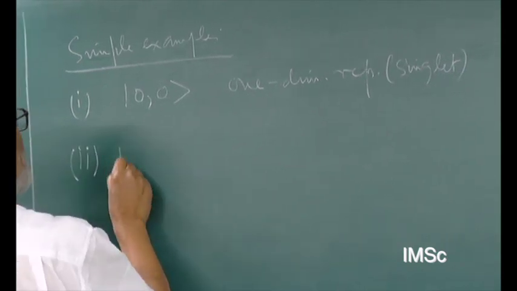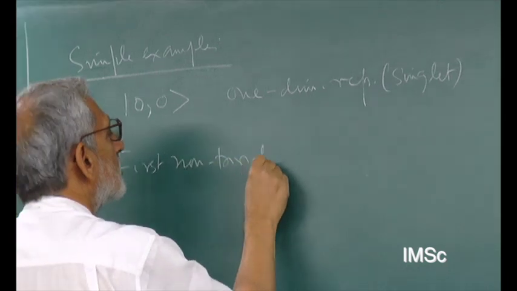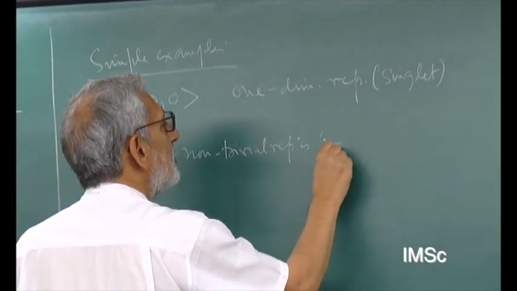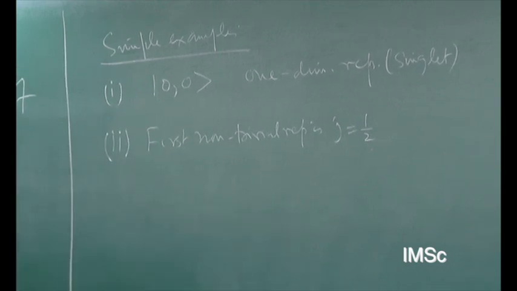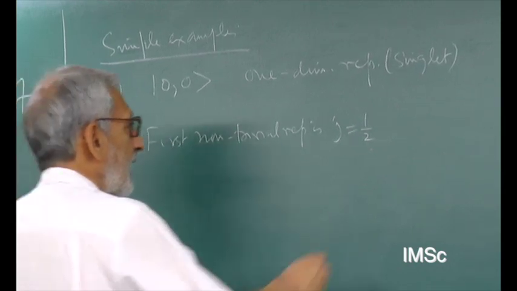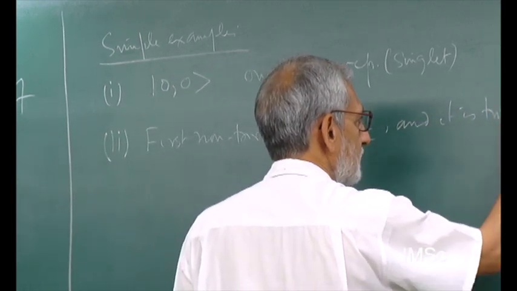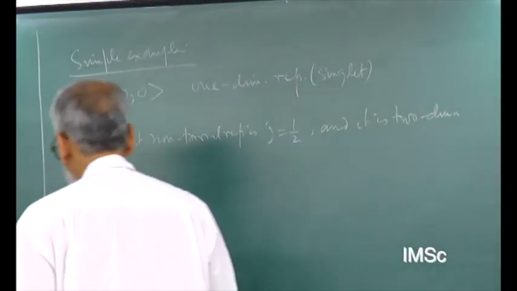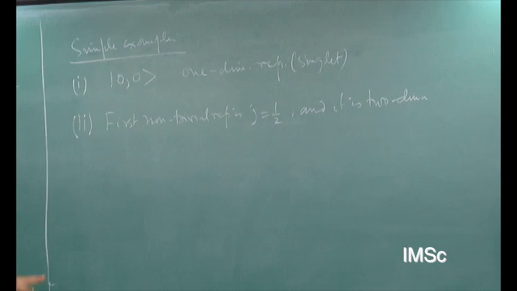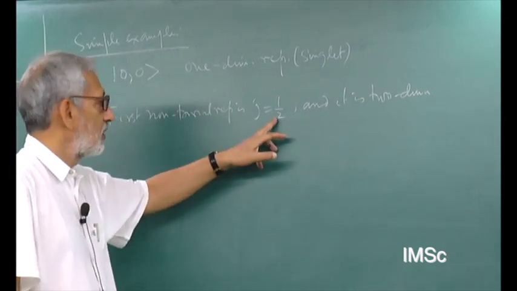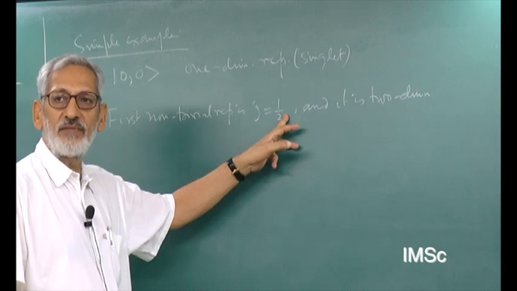The first non-trivial representation is when J is half, and it is two-dimensional. Simple enough. By the rule here, M has to take values from minus J up to plus J with an interval of 1. For J equal to half, the possible values of M are plus half and minus half.